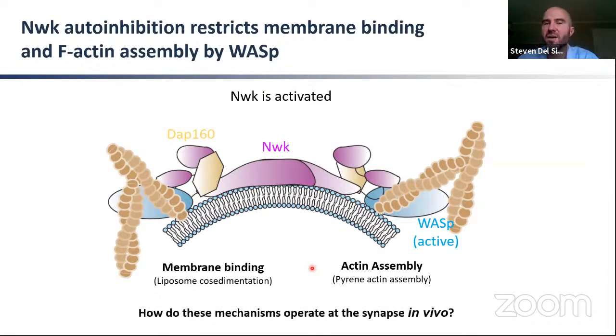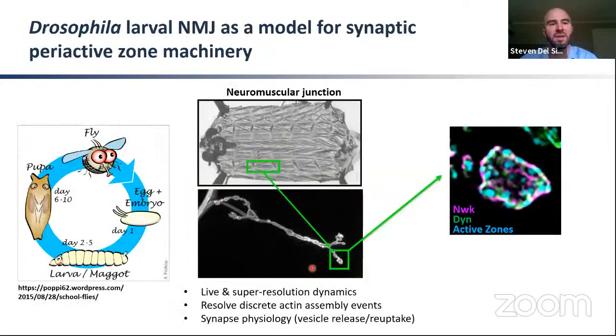Then the question is, how do these mechanisms actually control synaptic actin assembly? The model system that we're using here is the fly neuromuscular junction. We take a late third instar larva, slice it down the middle, and unfold it. Then we're looking at the motor neurons that innervate these crawling muscles. This is the entire synaptic contact for this neuromuscular junction.